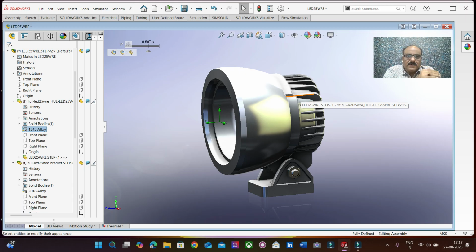The software will have that particular intelligence, based on the inputs we are keying in and the material properties we are defining. So the software will understand what exactly is the kind of simulation that we desire, and it will understand that for these inputs, this is the kind of simulation to be performed, whether it is hydrodynamic or computational fluid dynamics.